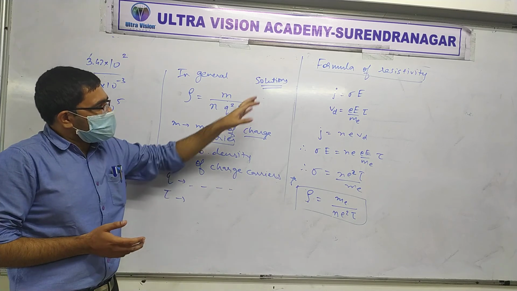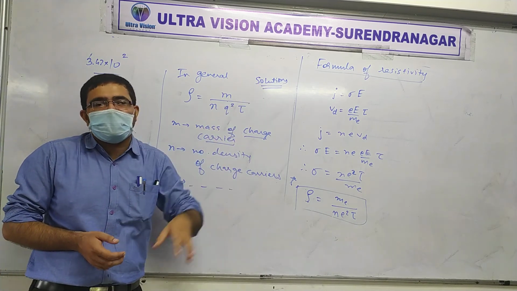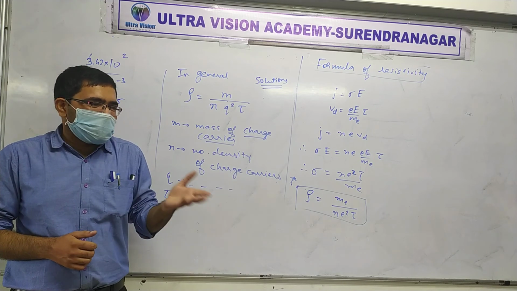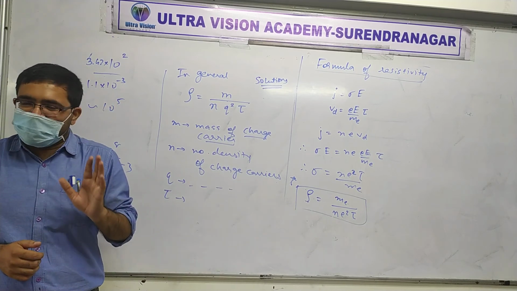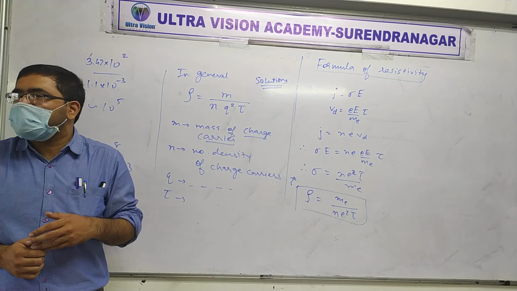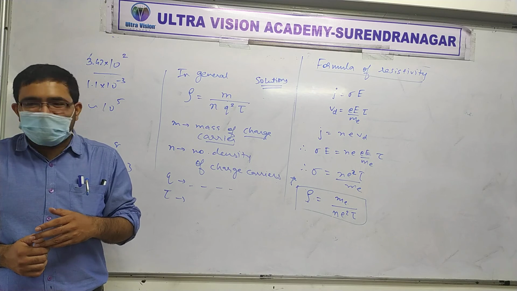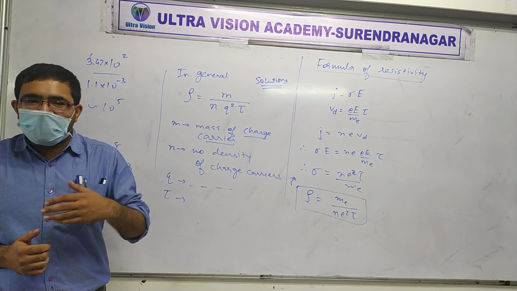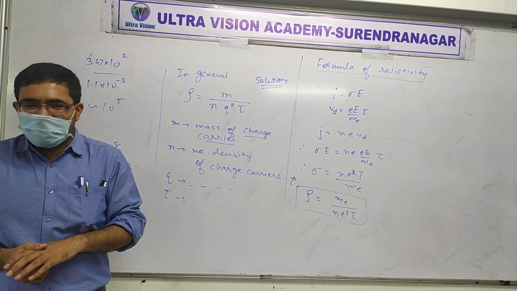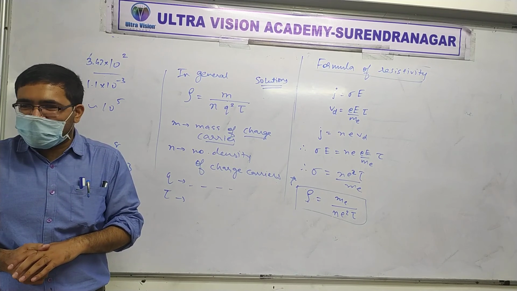So that's why solutions can never be as good conductors as metals. Suppose we say that salt water is a good conductor, very good, fine. Compare it with steel and you will know right away how good it is. Steel is orders of magnitude better conductor than salt water. Understood?